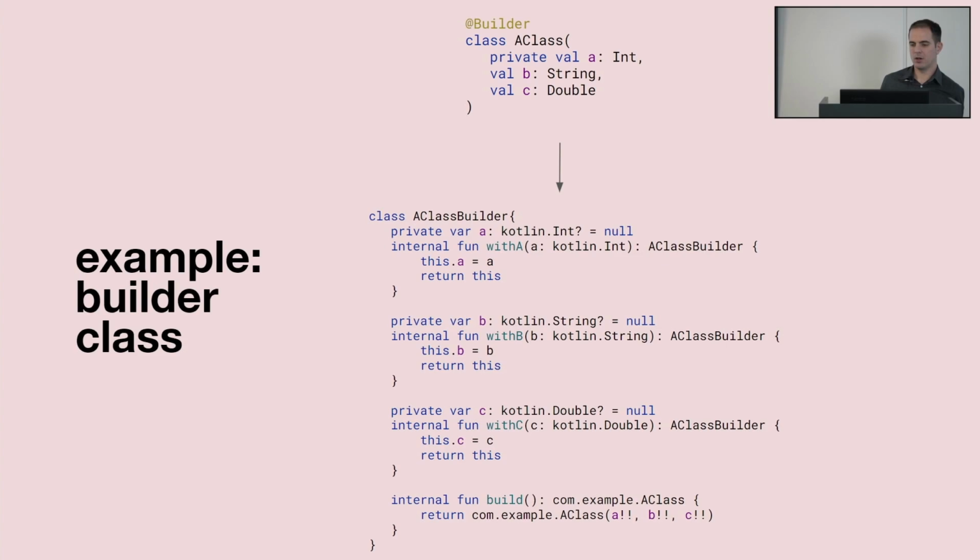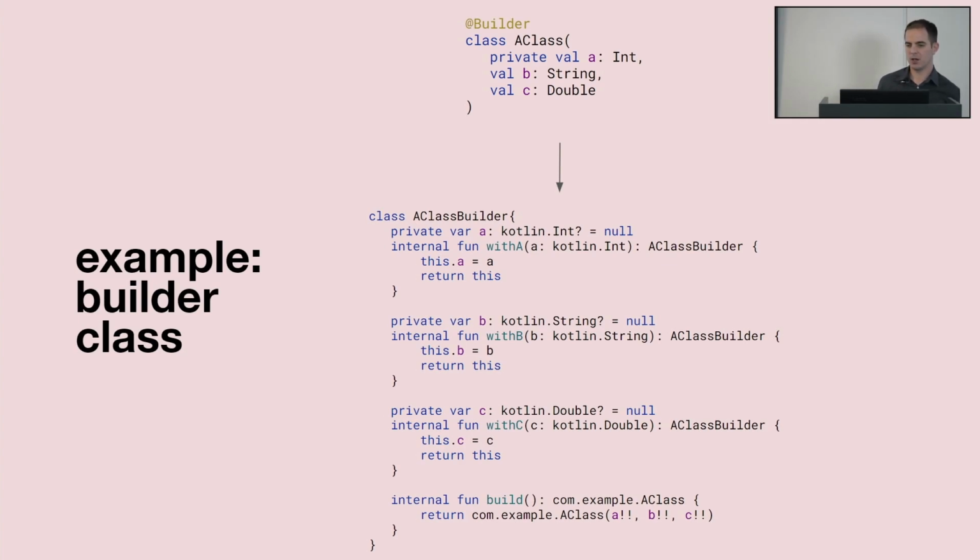I brought you a very simple example here, and based on this example we'll write a very simple processor. So the goal here is to create a builder class using the well-known builder pattern. To achieve that, we'll create our own annotation, which is called very simply Builder or AddBuilder.